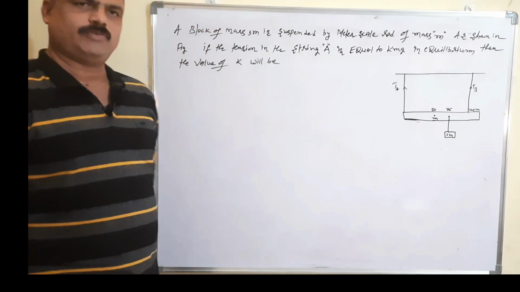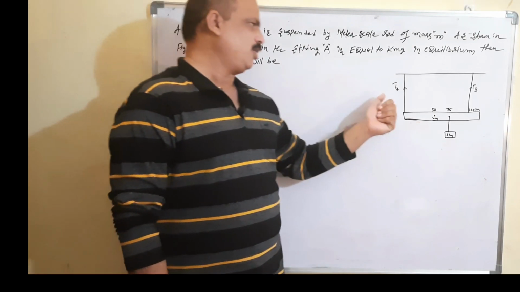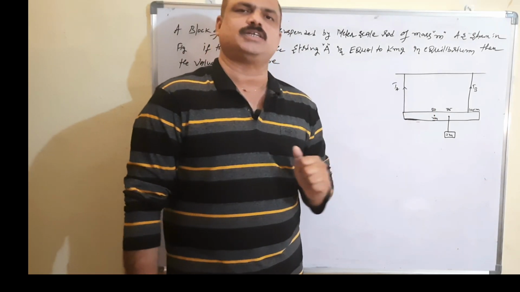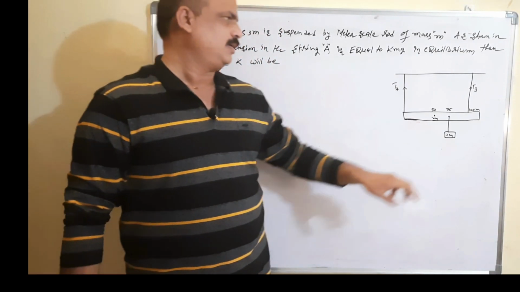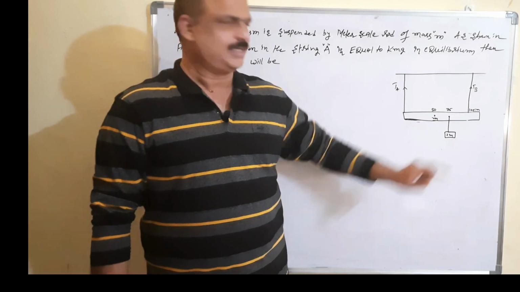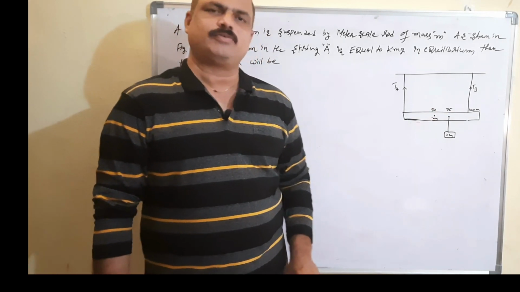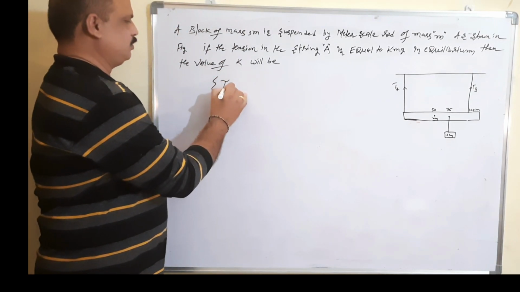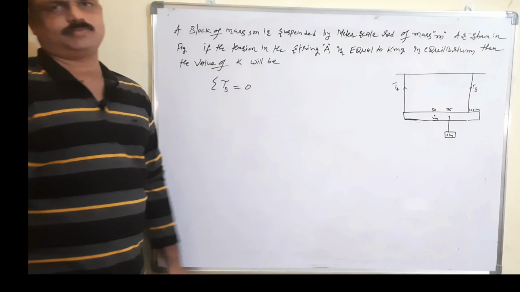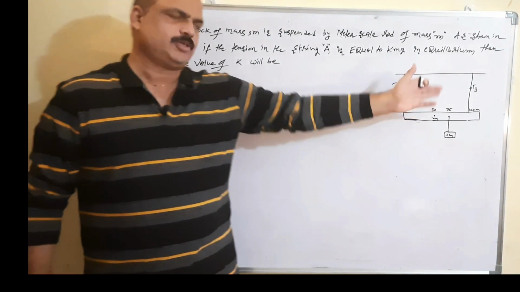Now we will solve this problem by taking point B as a fixed point. The net torque about B is 0. Torque about a fixed point is 0.